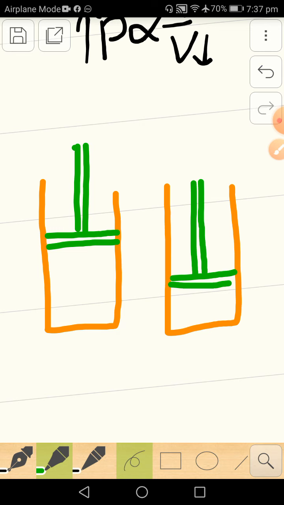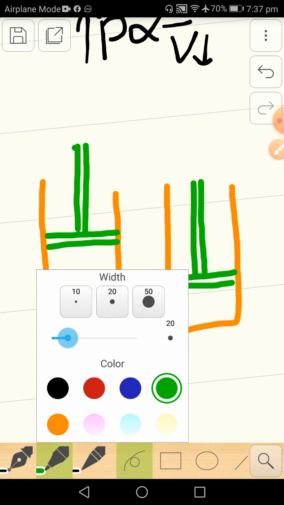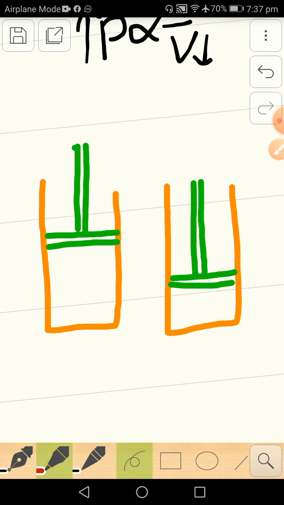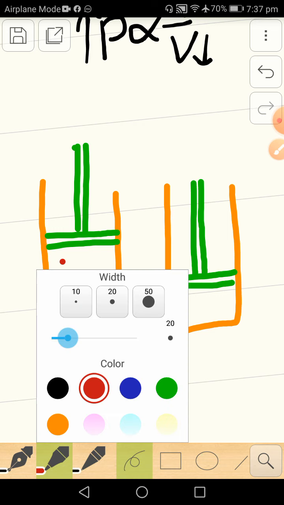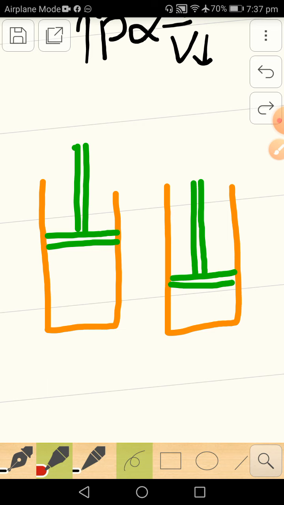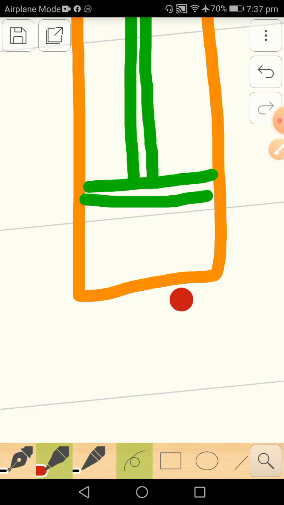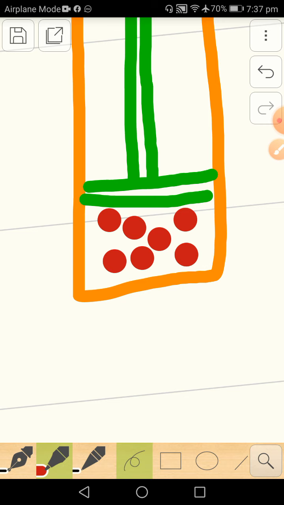Now, I will be drawing particles: 1, 2, 3, 4, 5, 6, and 1, 2, 3, 4, 5, 6, 7.